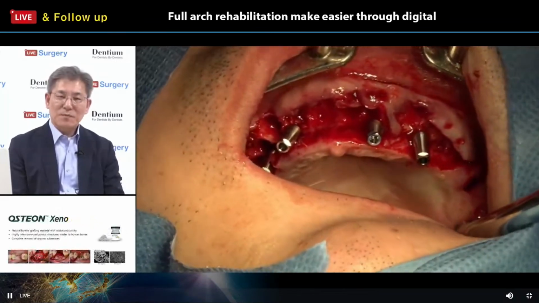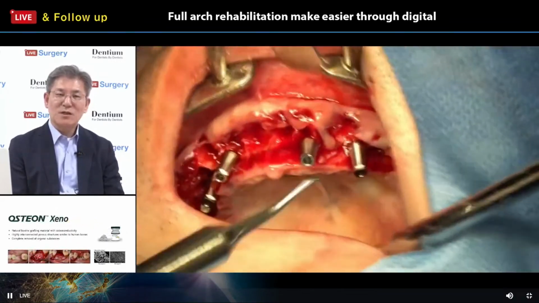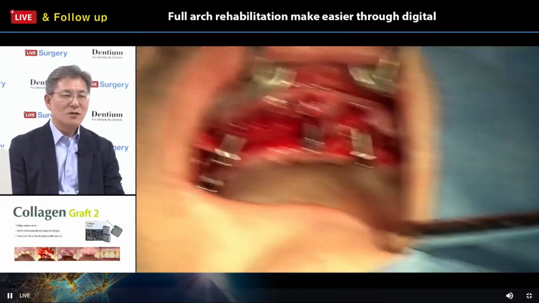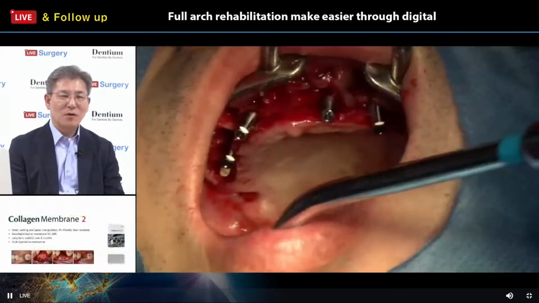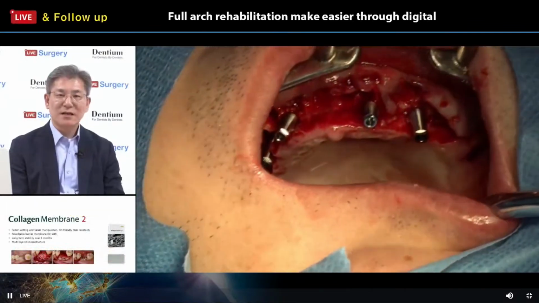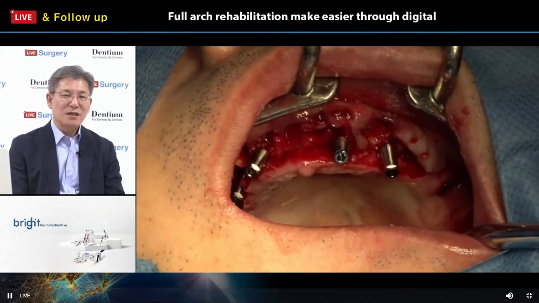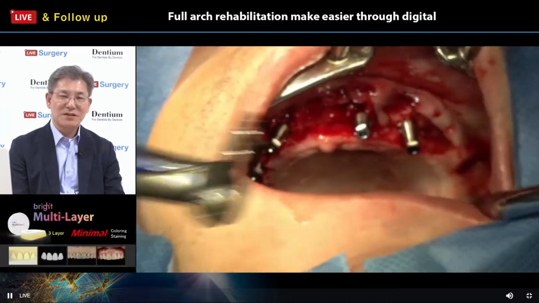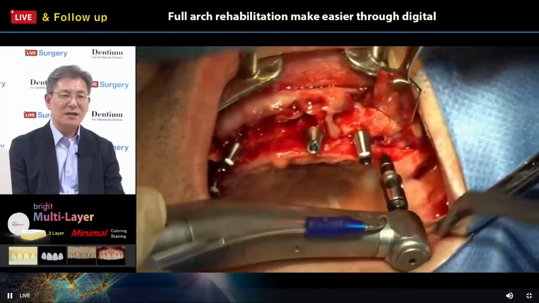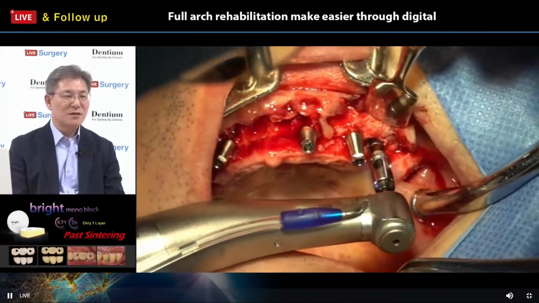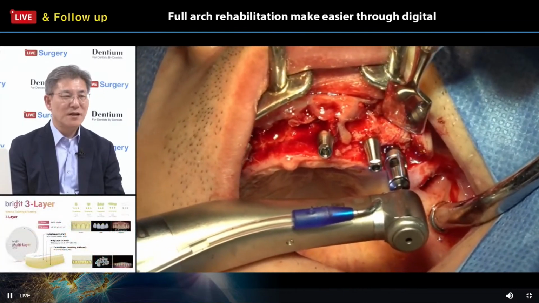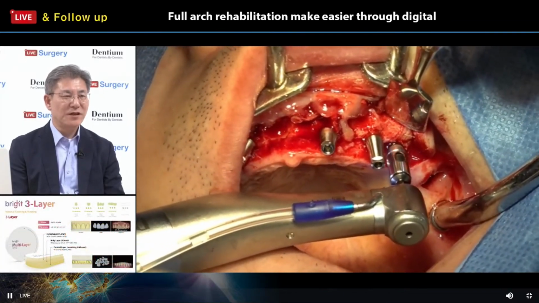Instead of bicortical fixation or compaction of bone into the sinus cavity, he has decided to shorten the fixture length from 9 to 7 millimeter. So a 4.0 diameter, 7 millimeter length implant was installed on number 15 area.